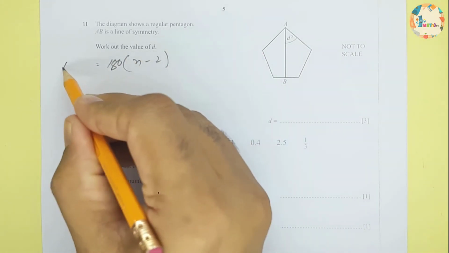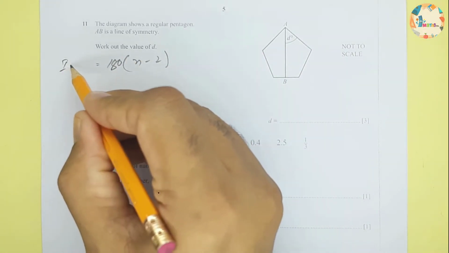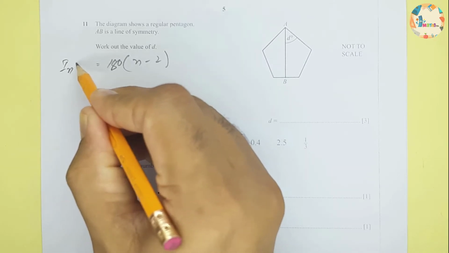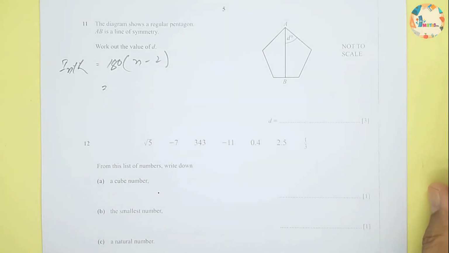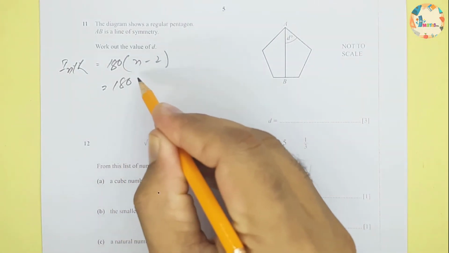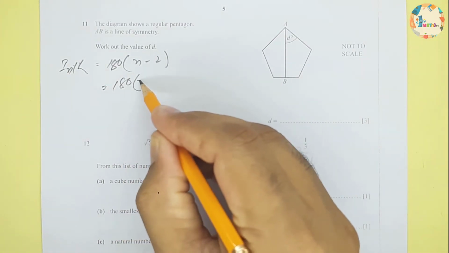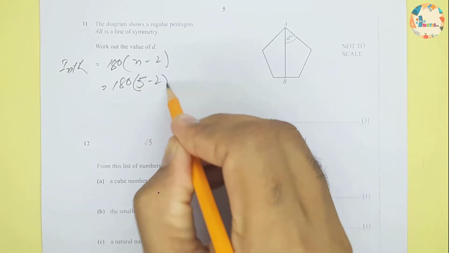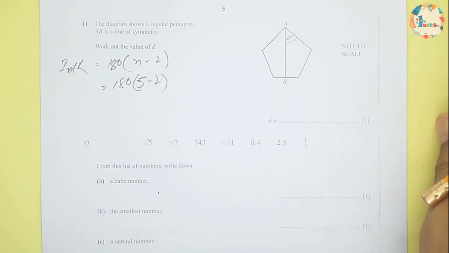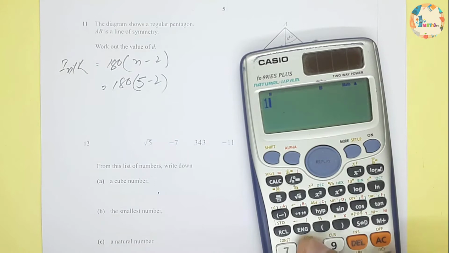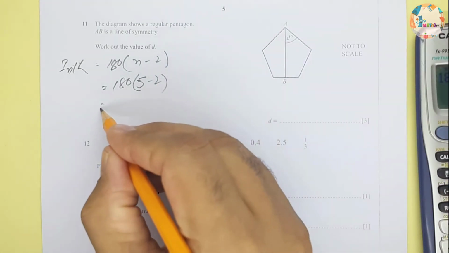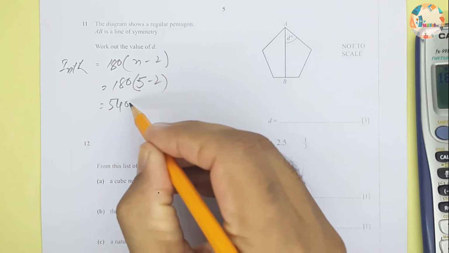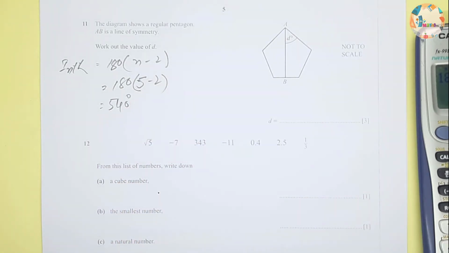So we can write the interior angles will be equal to 180 into 5 minus 2, because the number of sides is 5. So 180 into 3 will be equal to 540. So 540 degrees is the sum of the interior angles.